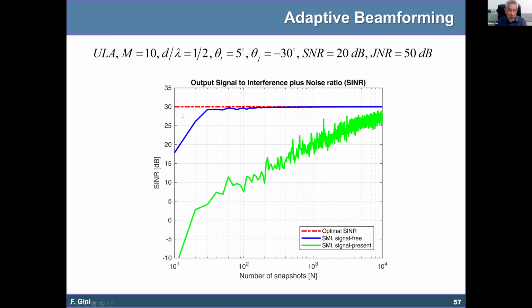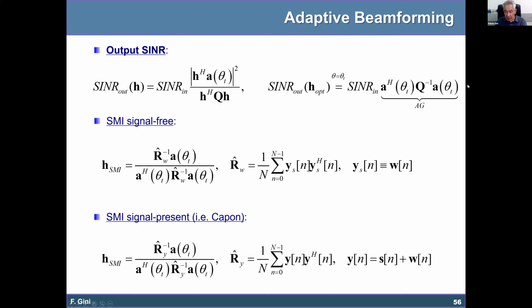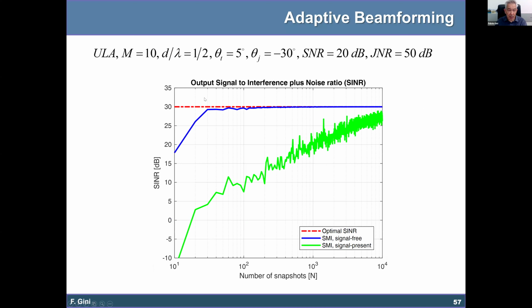So if you plot the signal to noise ratio of the clairvoyant, it is a constant. It does not depend on the number of snapshots, obviously. And it is given by this. And if you calculate with this number, it is 30 dB.